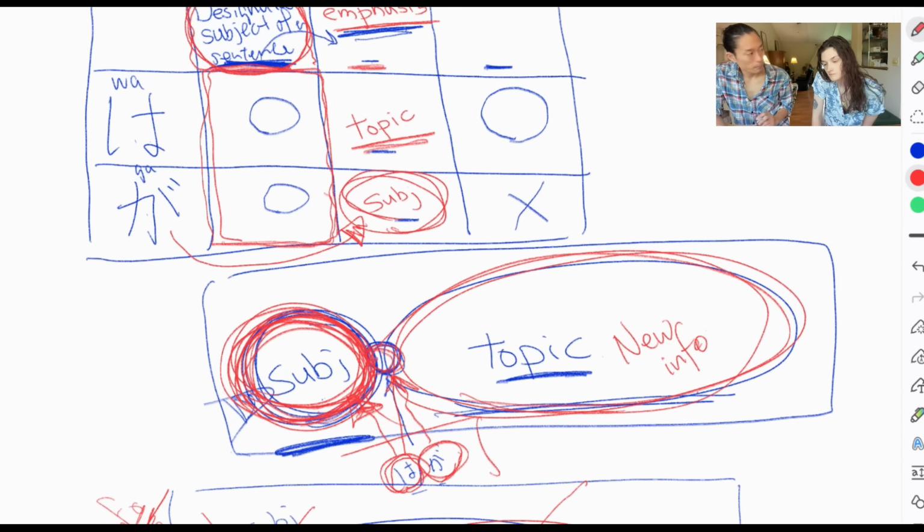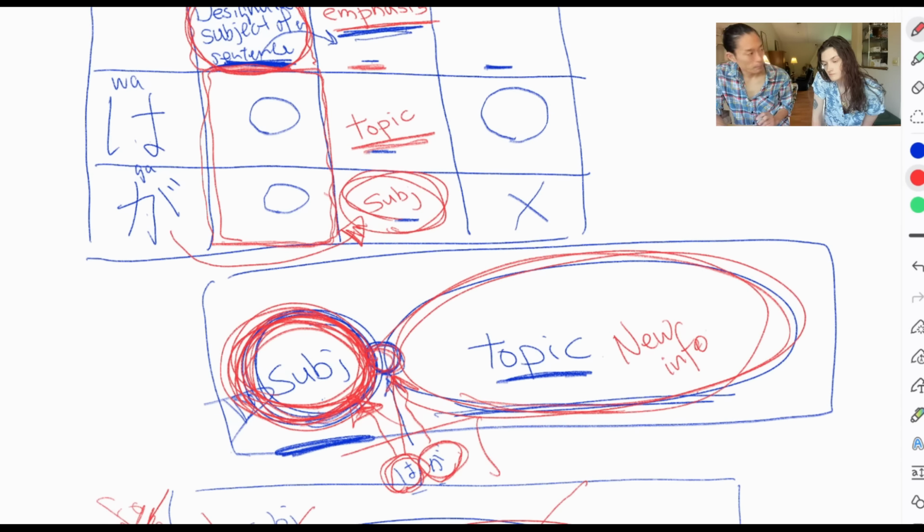We also use wa, meaning we put wa to Monday to mean "for Monday" or "as for Monday," right? And then still the subject is "I," so it is still possible to put wa here to let people know that "I" is the subject.